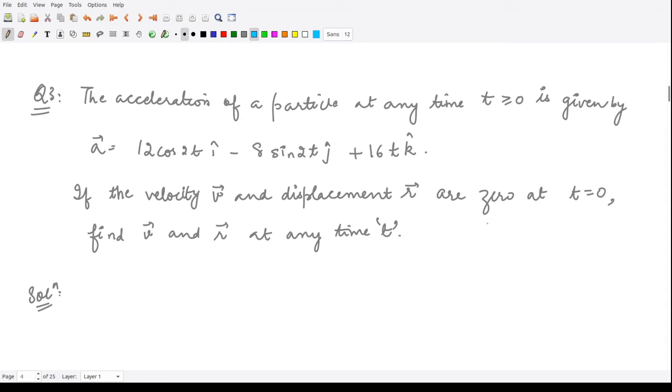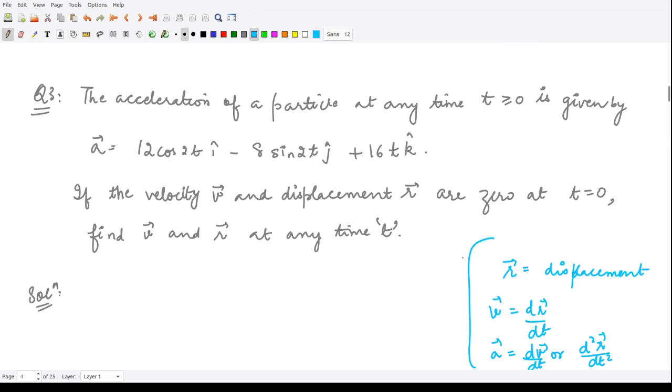So how do you obtain it? You know the relationship. Vector r is the given displacement. Then the velocity is simply the derivative of this, and acceleration is the derivative of this velocity, or you can write it as the double derivative of the displacement vector. So this you already know.